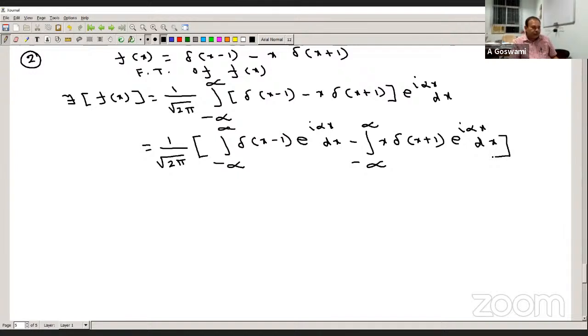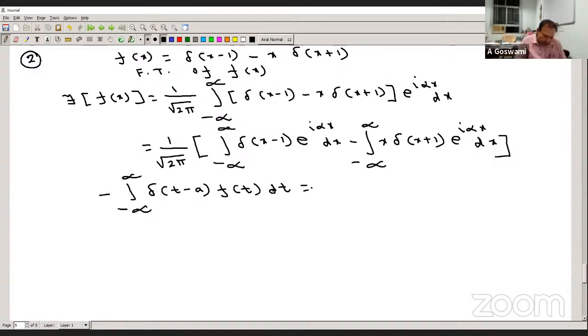But if you use a trick, here the trick is simply to use a property of the Dirac delta function. Do you remember the property of Dirac delta function, that is integral from minus infinity to infinity of delta t minus a into f t dt?